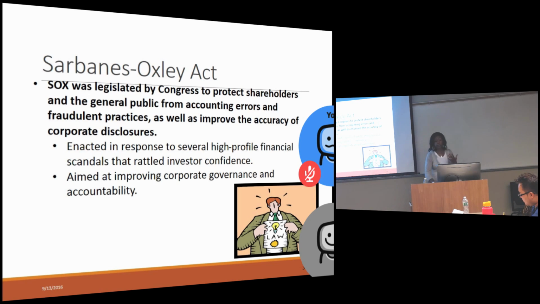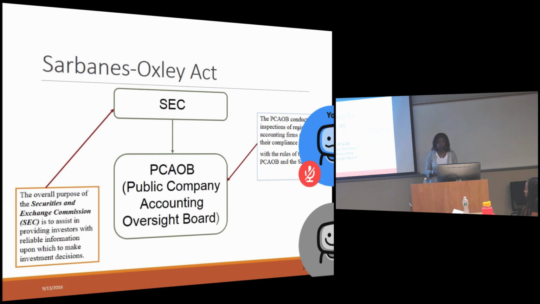So Sarbanes-Oxley, through the PCAOB, definitely drives the audit environment, because they changed how audit firms were required to do certain audits, and then how they reported on those audits. You're all familiar with the SEC, so I'm not going to go into that.